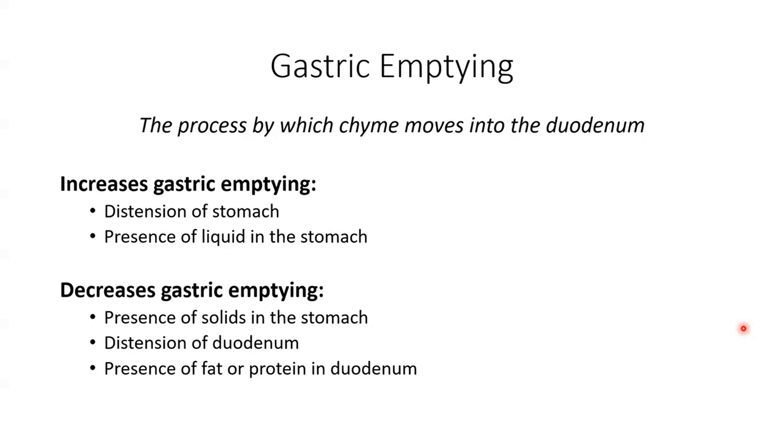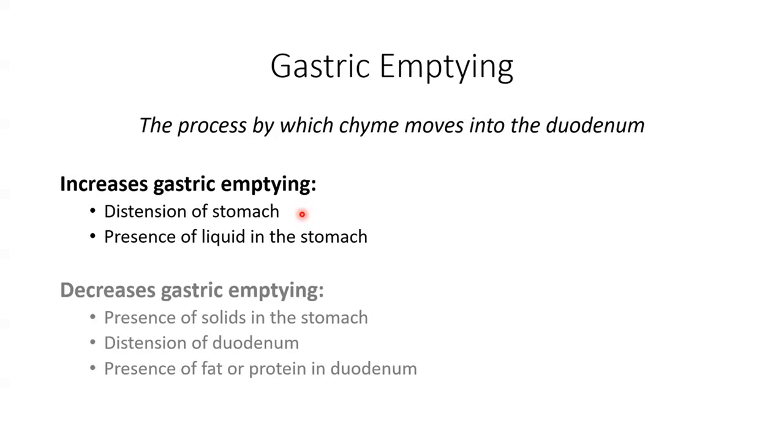And now there are a few factors that can either increase or decrease the rate of gastric emptying. So looking at things that increase gastric emptying, or how fast the contents of the stomach will leave the stomach and go into the duodenum, we have things like the distension of the stomach. So that's just how full you are. So remember, when you eat, your stomach will fill up.